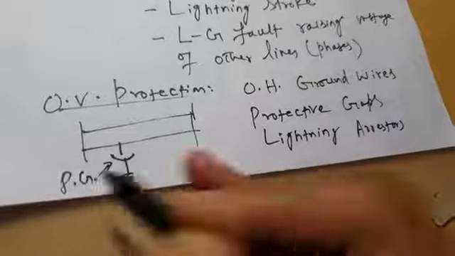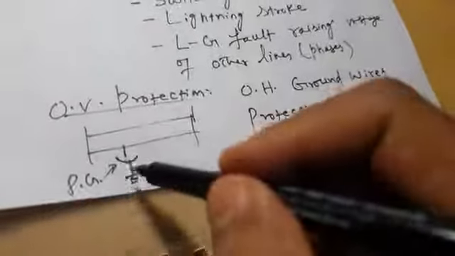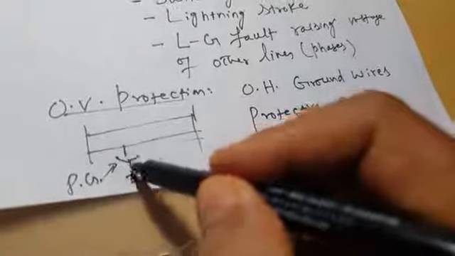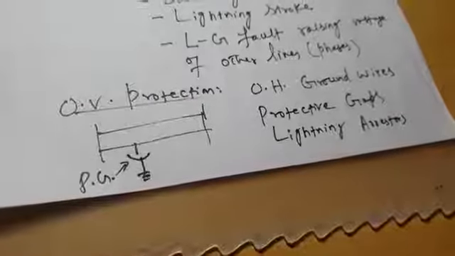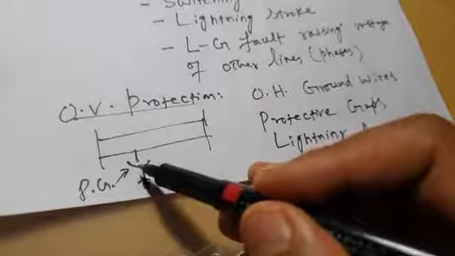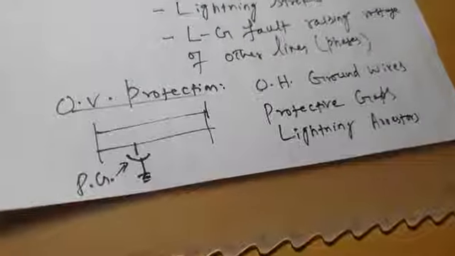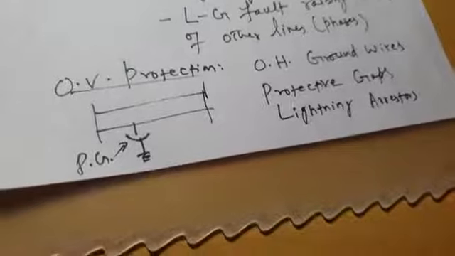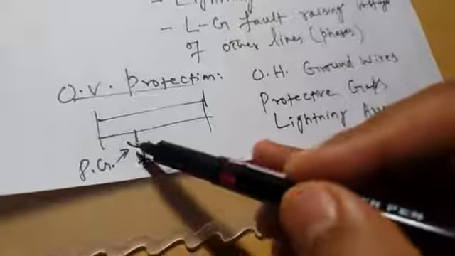But the problem with this protective gap, PG meaning protective gap, is that once the energy due to overvoltage is grounded because of ionization of air in the gap, then when normal voltage is restored, the gap still remains ionized. That means it grounds the system under normal voltage operating conditions also. So to deionize the gap, you have to increase the gap.